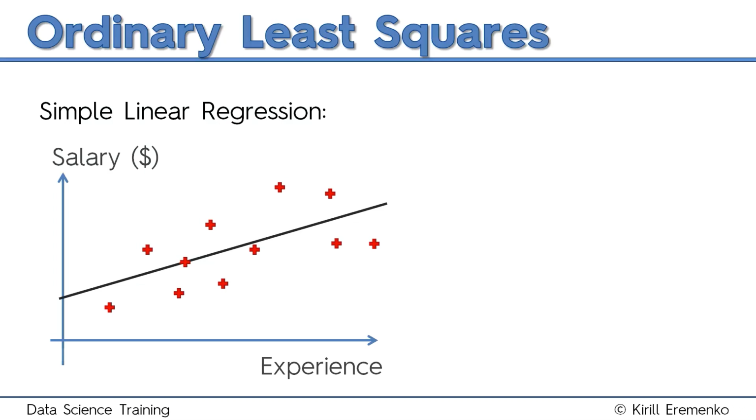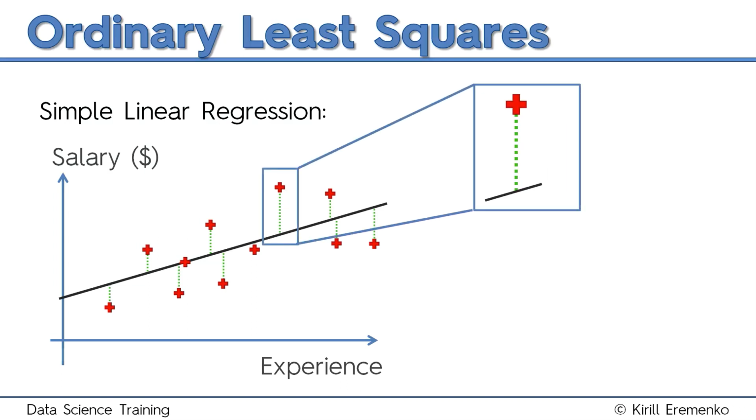So now let's draw some vertical lines from the actual observations to the model. Let's look at one of these specific examples to understand what we're talking about here. You can see that the red cross is where that person is sitting in terms of salary. So let's say this person with 10 years of experience is earning $100,000.